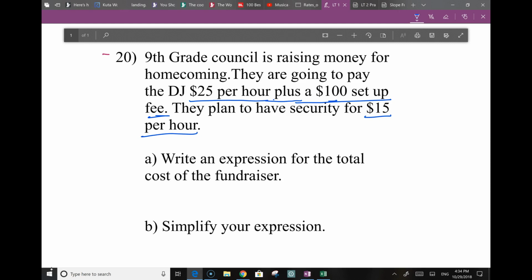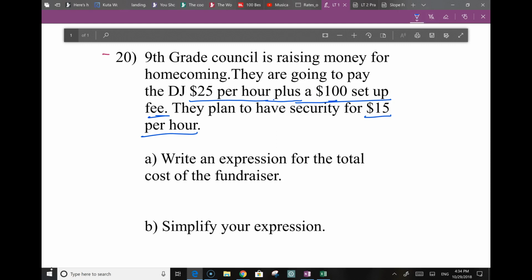Notice that I skipped something between the word fee, which is over here, and the number 15. The reason I skipped all this over here is because it is part of the "once you read it, you don't need it" words. So we know security is going to be $15 per hour, but all we need is that 15 per hour.